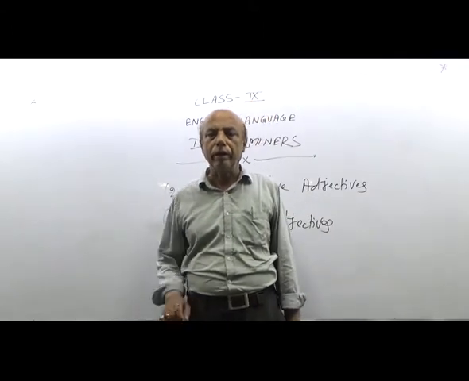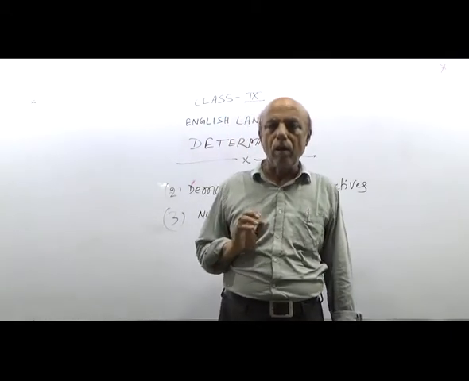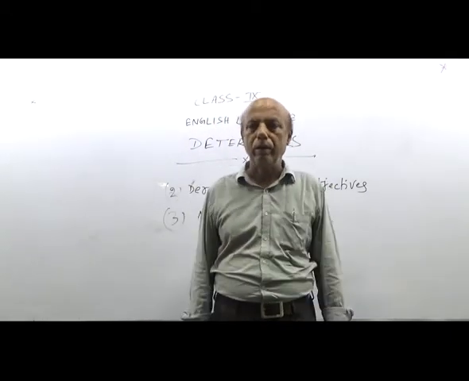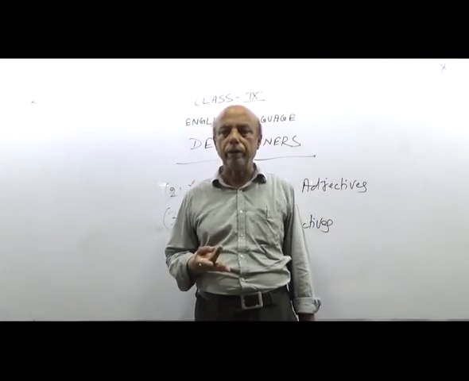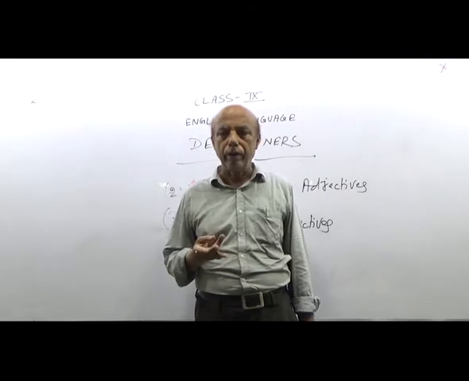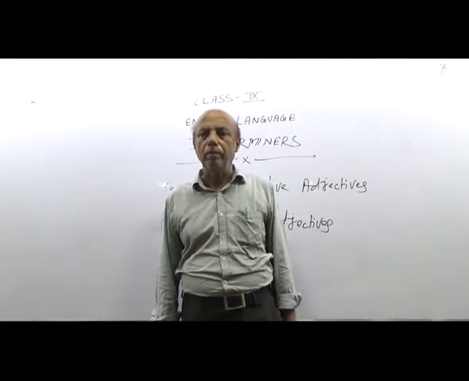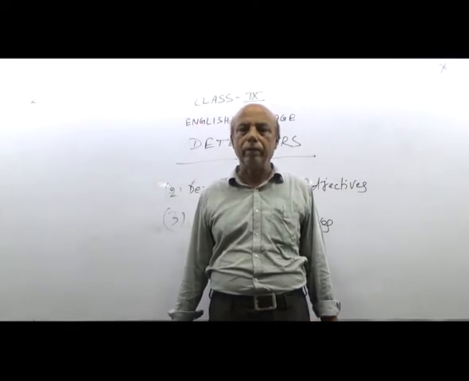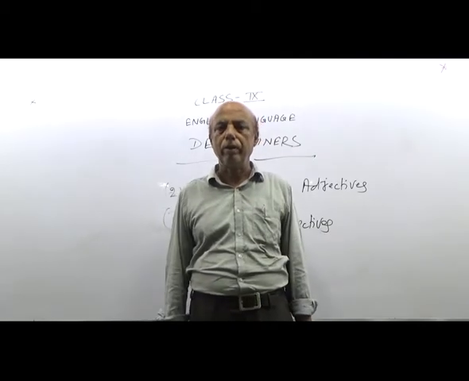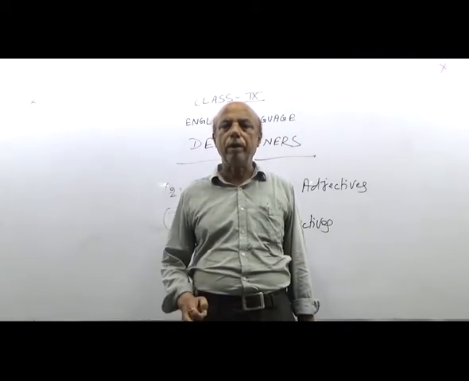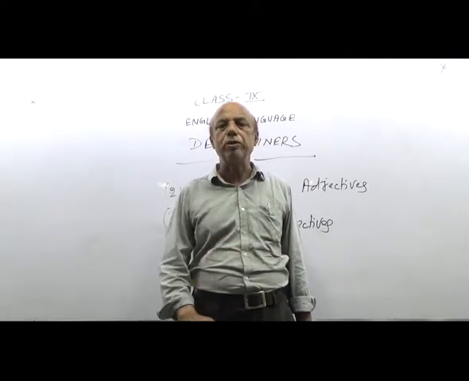Suppose I am taking the examples of possessive determiners. My, our, its, his, her are possessive determiners. My work has been done. It is the example of possessive determiners. Our function is to be held very soon.